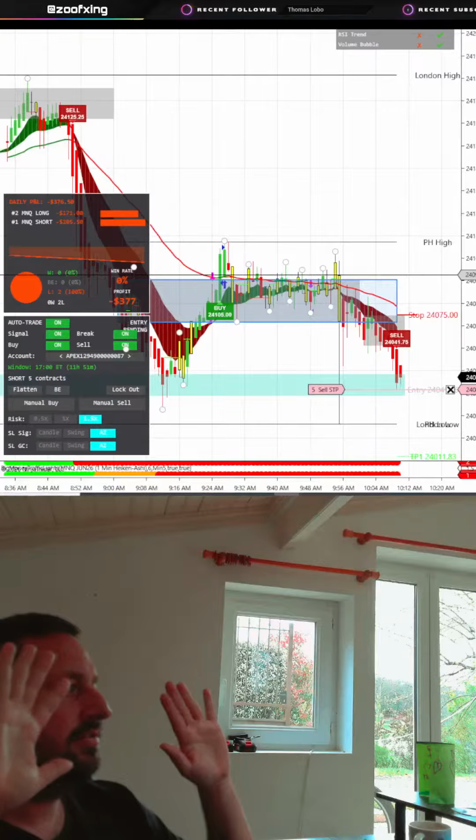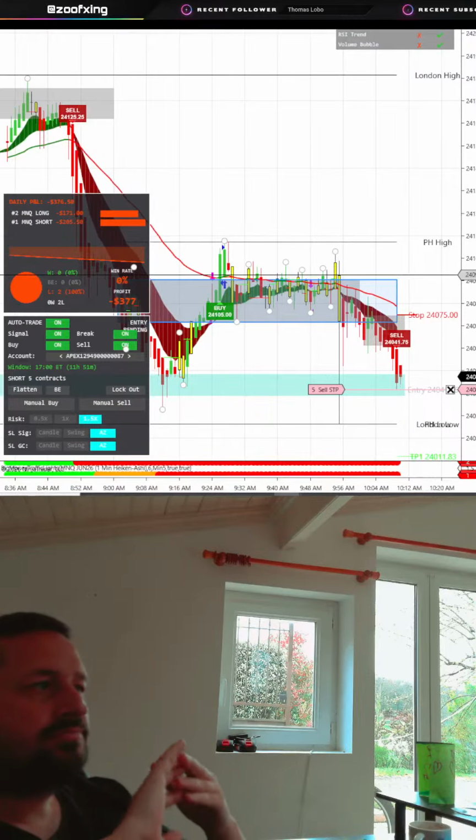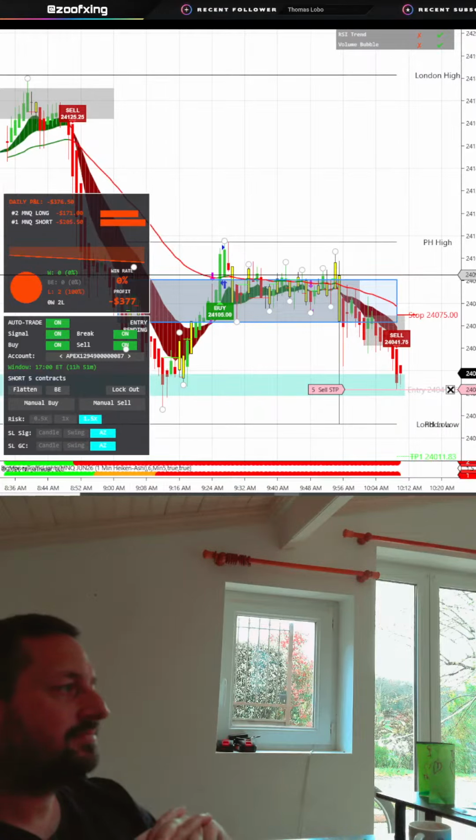Totally hands off. Invalidation point is above the alpha zone. So if price goes back now and goes above the alpha zone, it will invalidate. So I lowered my risk to 250 and then did 1.5 risk.